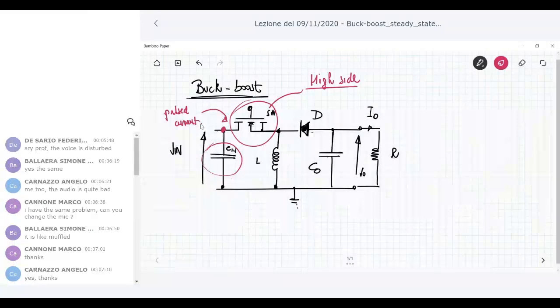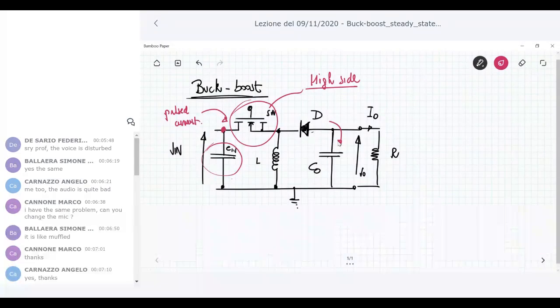Remember the problems of the inrush current when you turn on the converter: in the very short time interval following the start-up, we have to manage a large flow of current that goes into the output capacitor because it is completely discharged. So you have a typical high peak of current during this very short start-up time.